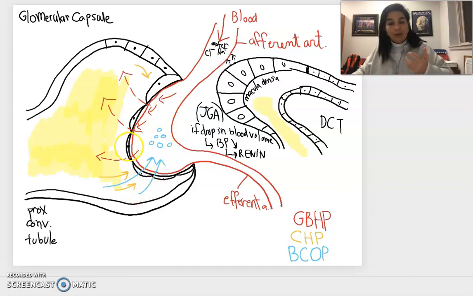So we need the blood pressure to be strong enough to be at least higher than the other two combined, to have a net filtration of the fluid into the Bowman's capsule. And that's where renin is released as a response to the blood pressure dropping.